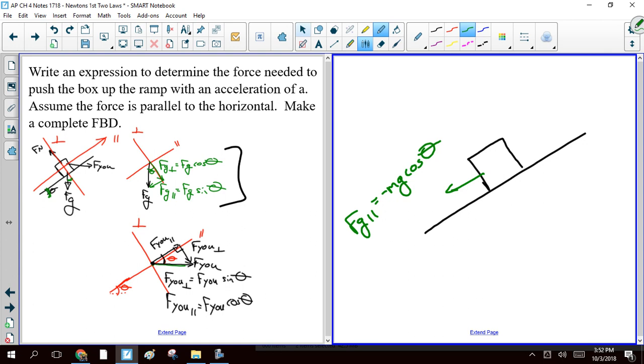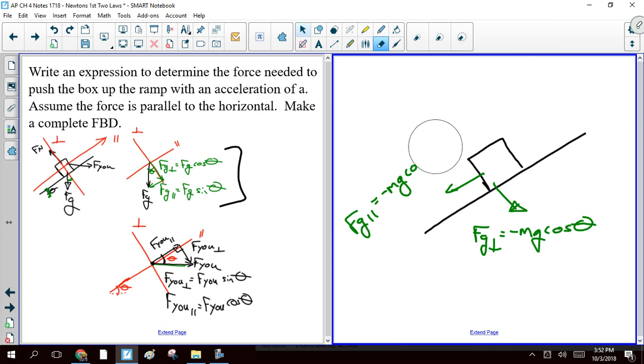We've got our FG perpendicular, which is negative mg cosine of theta. Sorry about that. All right, cool. So that's my force of gravity that I just poorly dealt with, right? Okay, cool. So that's that.